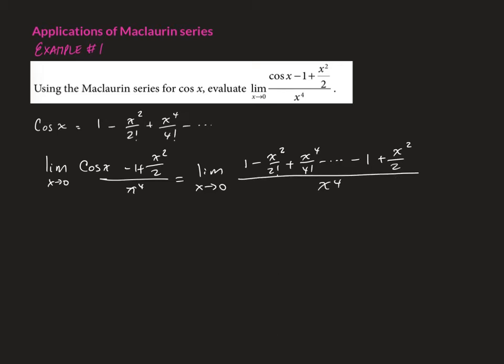What I can do next is cross out 1 and minus 1, and cross out x to the power 2 over 2 with x to the power 2 over 2.